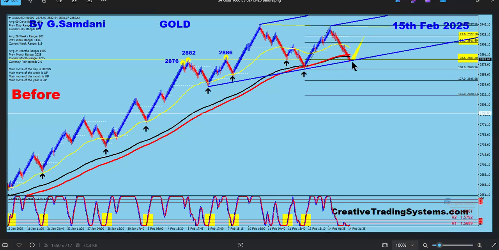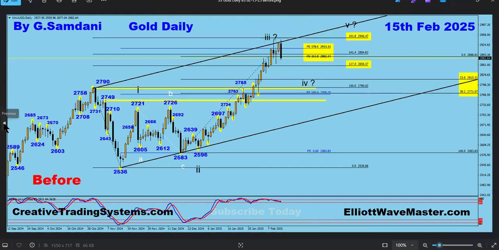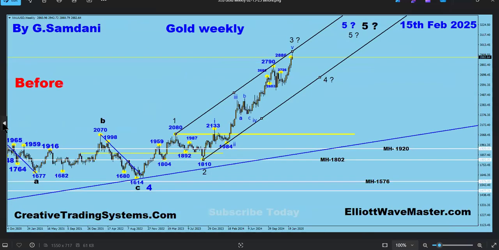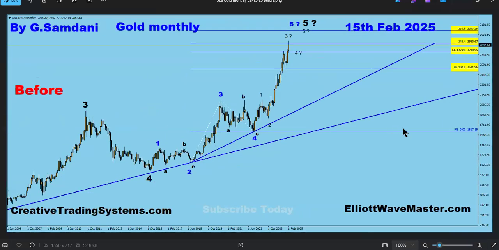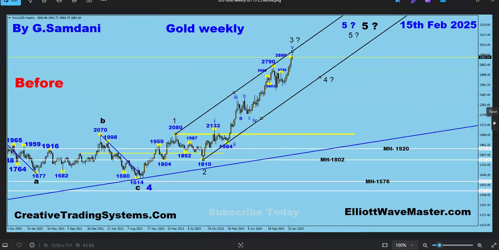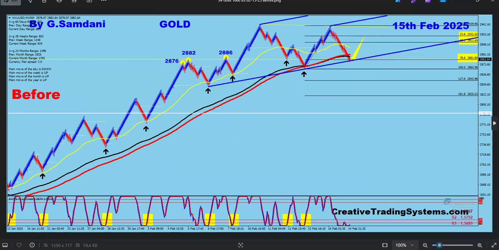How many pips is it going to be? It is going to be 2882, and this is 2925, right? So if we can get there, even 38% is 2911, which is also a very nice level. Let's see, 2911. Where is 2911? Let me see another chart I have.